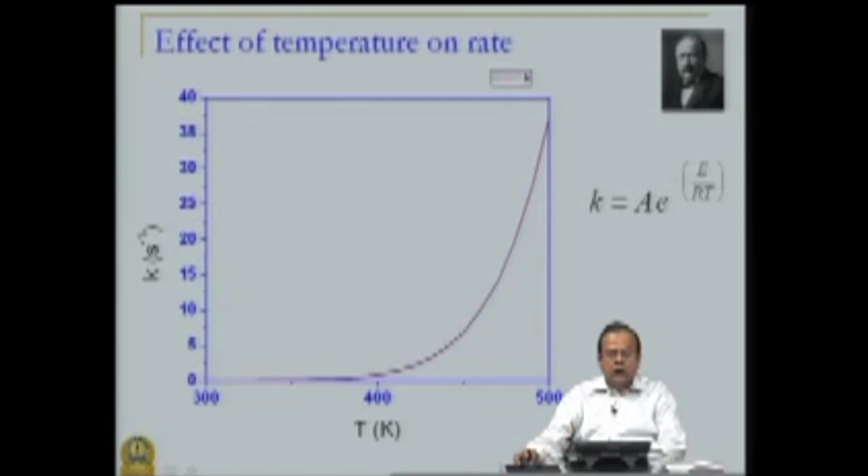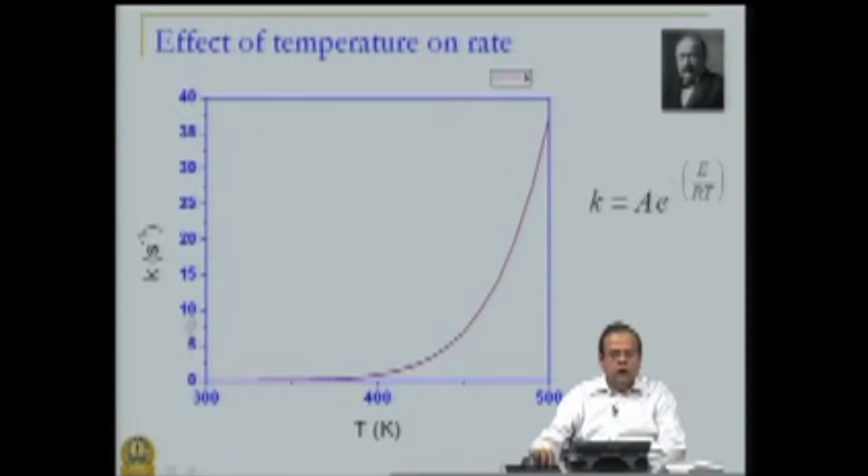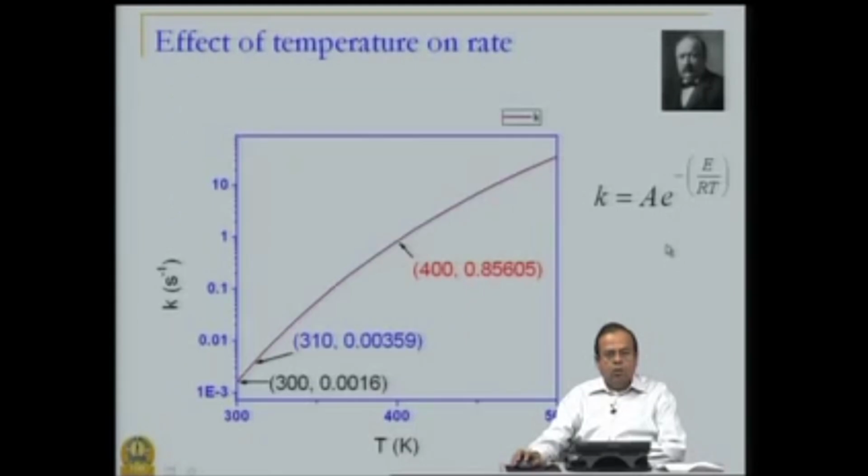That is, the rate constant k is the frequency factor A times exponential of minus E, the activation energy, divided by RT, R being the universal gas constant and T the temperature.